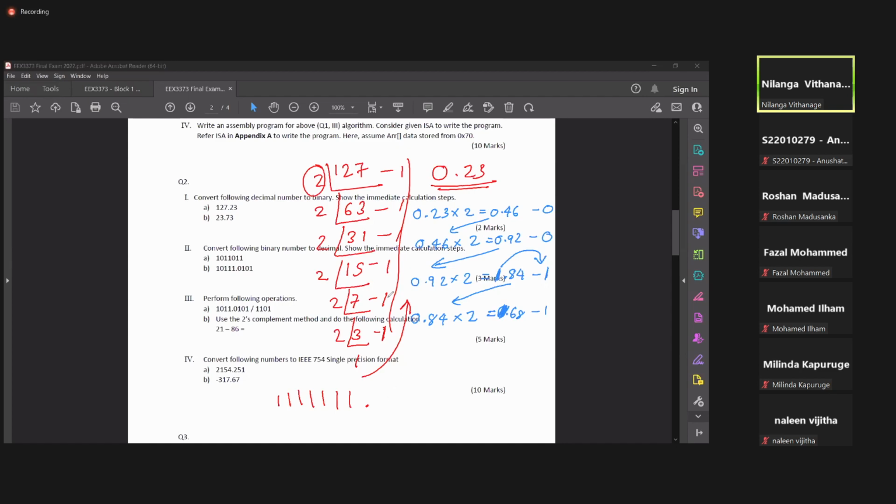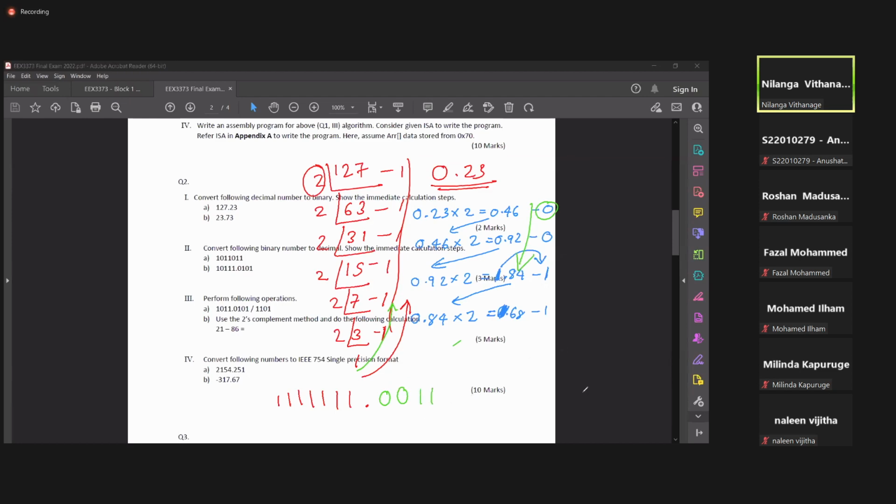So here we write these values from top to bottom, not bottom to top. For the integer part, the whole number part, we wrote from bottom to top, but for the fractional part, we write from top to bottom. So we start from here: 0, 0, 1, 0.